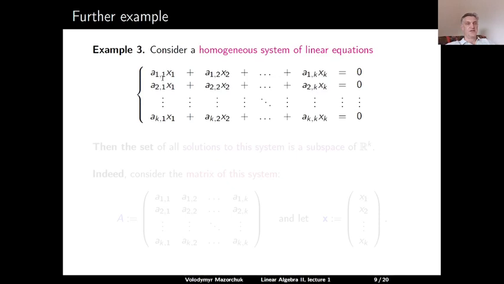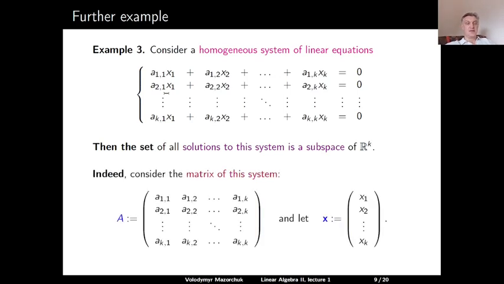The first equation is a11x1 plus a12x2 plus and so on plus a1kxk is equal to 0. Then we have the second equation a21x1 plus a22x2 plus and so on is equal to 0, and so on. Then the set of all solutions to this system is a subspace of R to the power k.